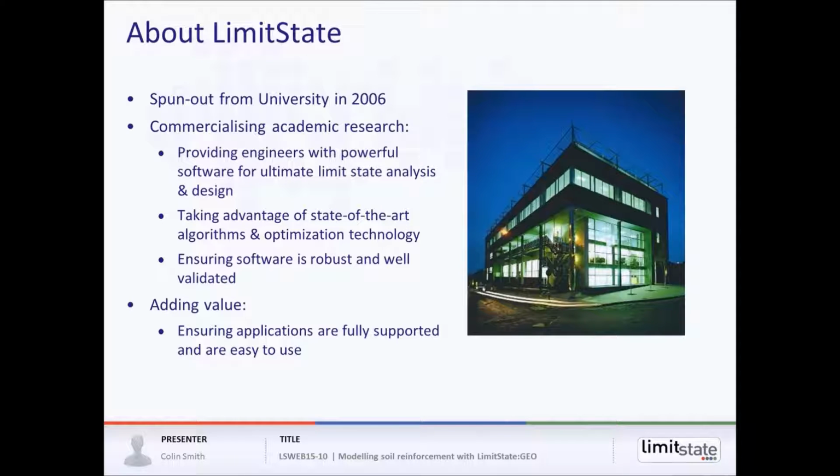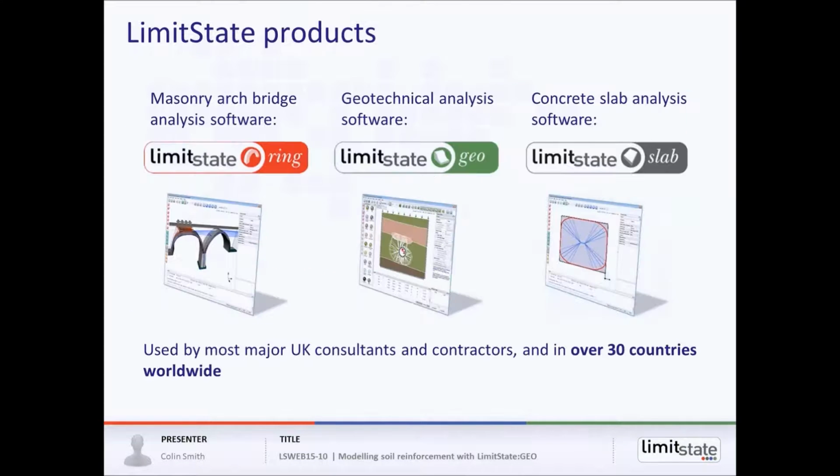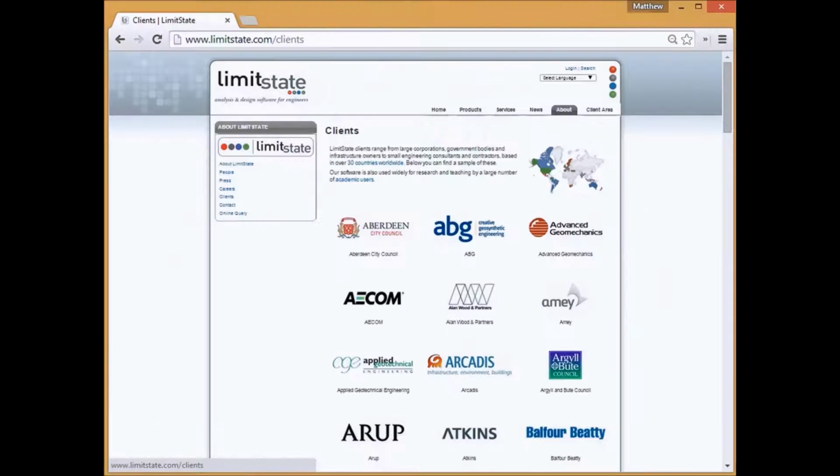It's also got sophisticated testing systems in place that mean every time the software is changed, almost 1,000 tests are automatically run to ensure that the software continues to do what it's supposed to do. The company has 3 products at present: LimitState Ring, LimitState GEO, and LimitState Slab, with several more in the pipeline. And the products are used by a range of companies, large and small, in over 30 countries worldwide.